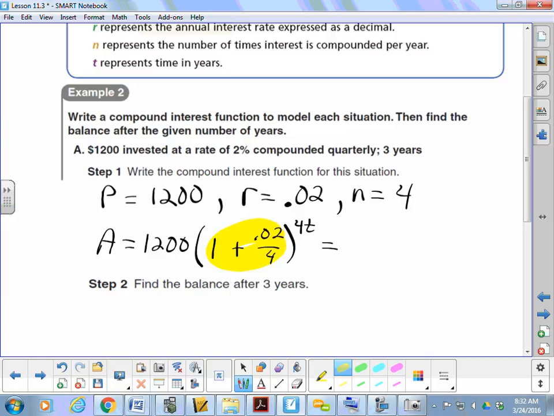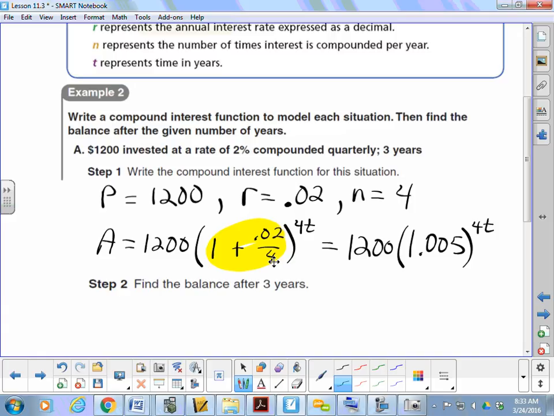So I'm going to rewrite this as 1200 times 1.005 raised to the power of 4t. So every quarter, you are getting 0.5% interest.